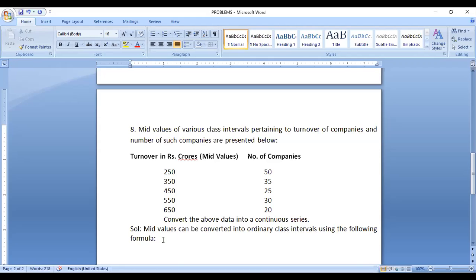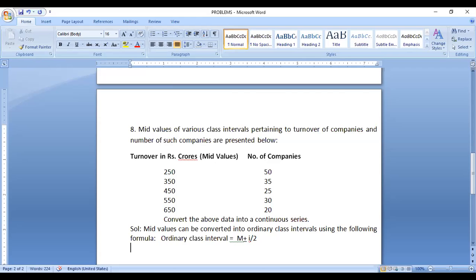That is, ordinary class interval is equal to m plus or minus I by 2.